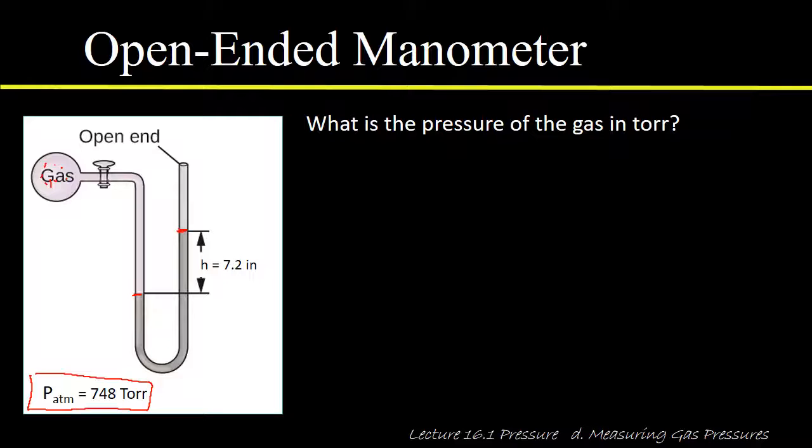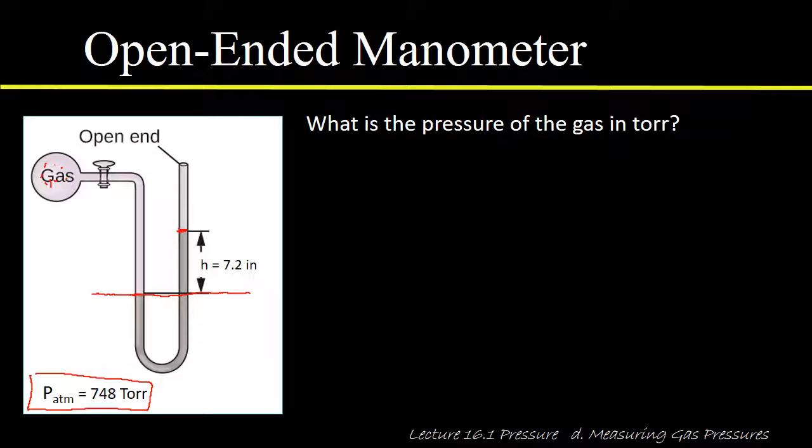My point here is that you don't need to memorize all those different equations. It doesn't matter whether the mercury is higher on the left or the right. You could even draw the whole picture the other way around. You could do a mirror image of the picture. Wouldn't change anything. Okay. So what we're going to do, just like last time, is draw a horizontal line at the lower mercury surface.